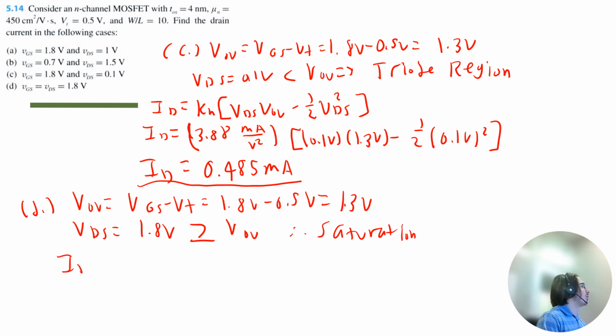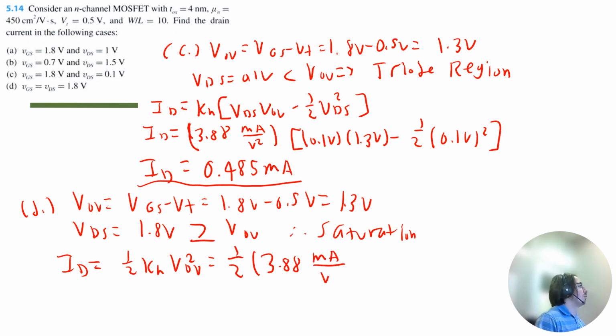We have a drain current of 1/2 K_n V overdrive squared, so 1/2 times 3.88 milliamps per volt squared times V overdrive of 1.3 volts squared. I get 3.28 milliamps.